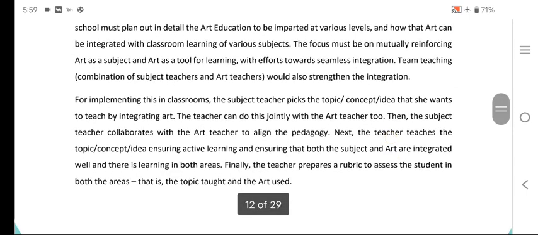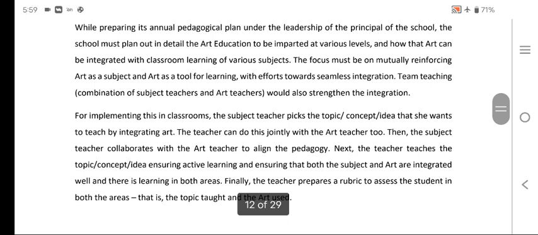The teacher, especially the art teacher, here in the CBSE, is the most important part, and for implementation in the classroom, the subject teacher picks the topic that she wants to teach by integrating art. The art teacher or the teacher can do this jointly with the art teacher too. That means classroom environment should be created with both of the teachers, and especially the art teacher.